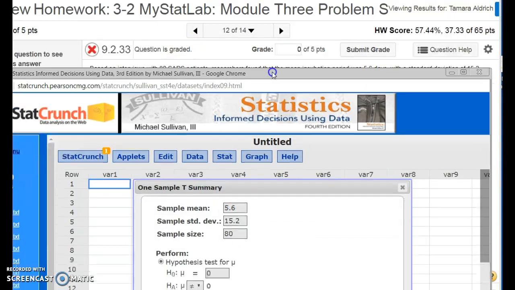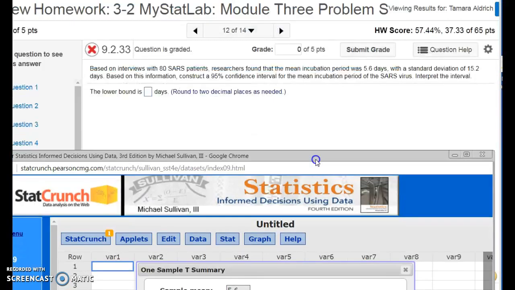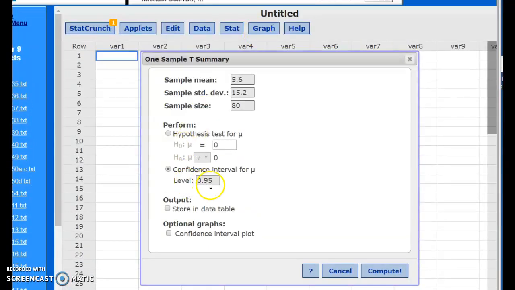And then StatCrunch will do all the work for us. We want a confidence interval, was it 95%? Yep, 95%. And when you hit compute, our sample mean is going to be right smack dab in the middle of our confidence interval. This is our point estimate or our guess for the entire population. We're making our guess based off of our sample.